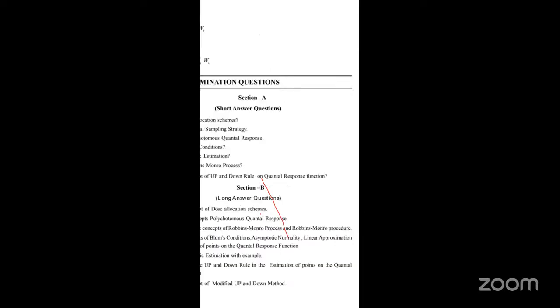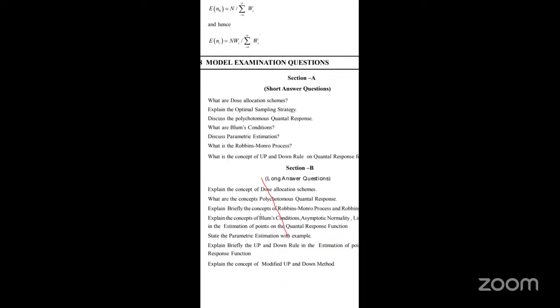Here are some questions asked in examinations. Explain the optimum sampling strategy. Discuss the polychotomous quantal response. What are Blum's conditions? Discuss parametric estimation. What is a Robbins-Monro process? What is the concept of the up and down rule and the quantal rule?